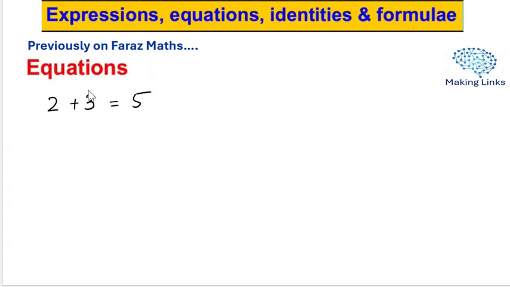So let's start with the equation now. 2 plus 3 is equal to 5. So in an equation we have an equal sign and you have an answer there. Suppose we have x plus 3, some number add 3, equals 5. You can easily say that the value of x is 2. x must be 2.